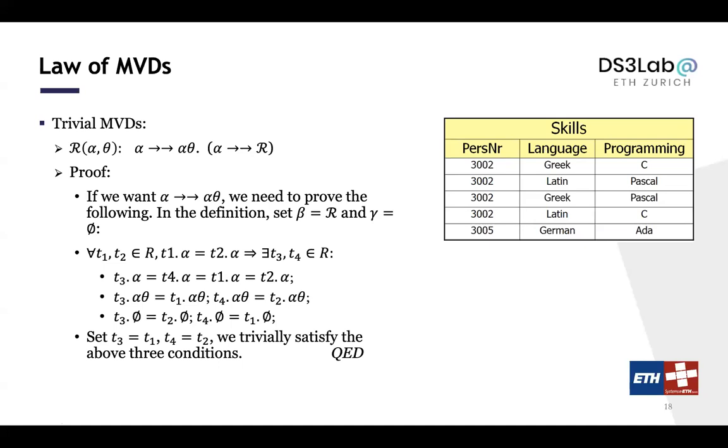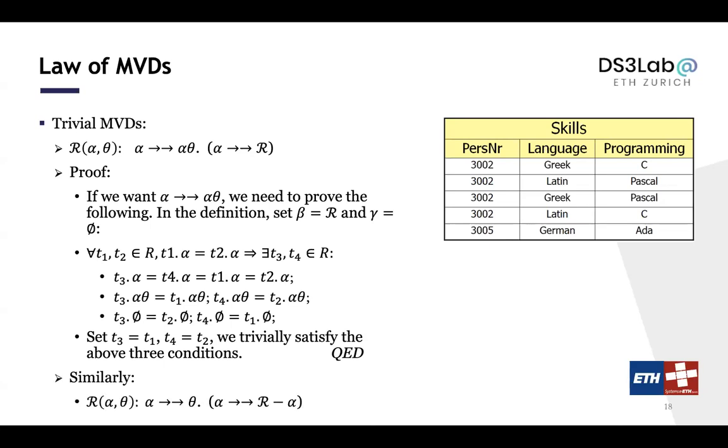They could be the same as T1 and T2, since we say nothing in our definition of multi-value dependency that prevents that. By setting them the same, you constructively find T3 and T4 that satisfy this condition, and then we are done, okay? So this is one very trivial multi-value dependency. When we say an MVD is trivial, we mean the right-hand side is a superset of the left-hand side.